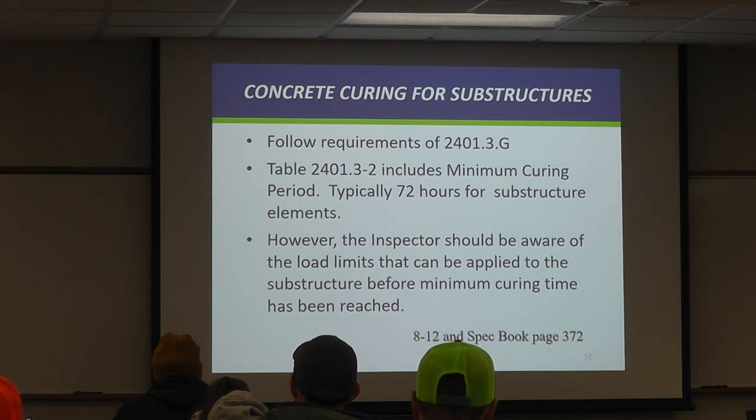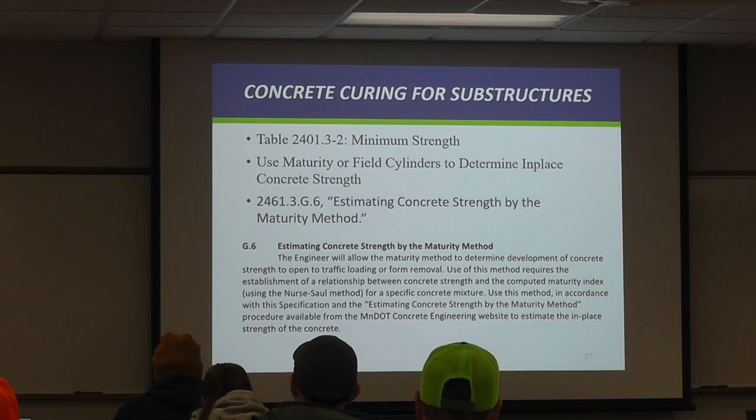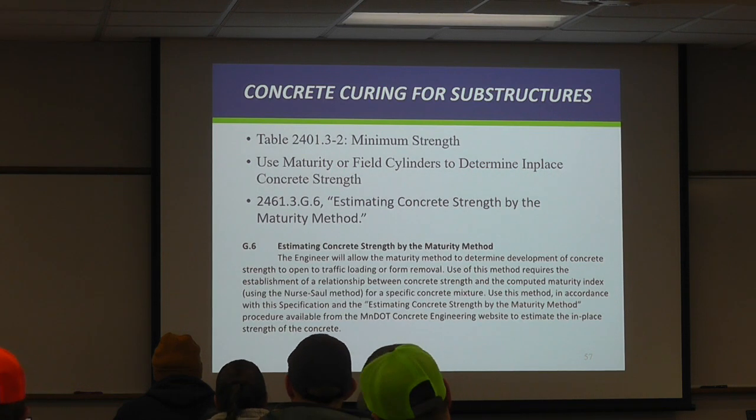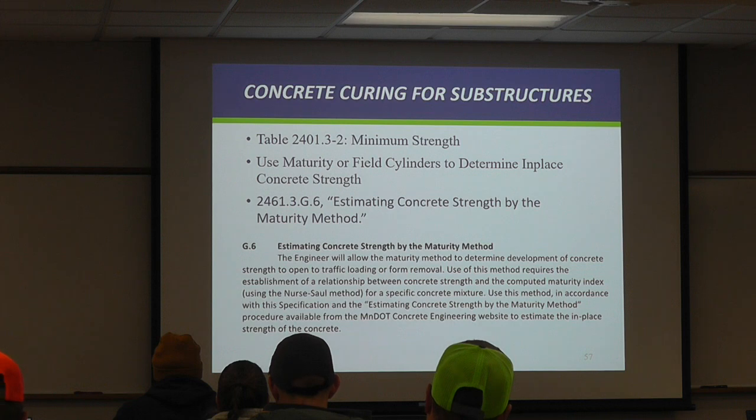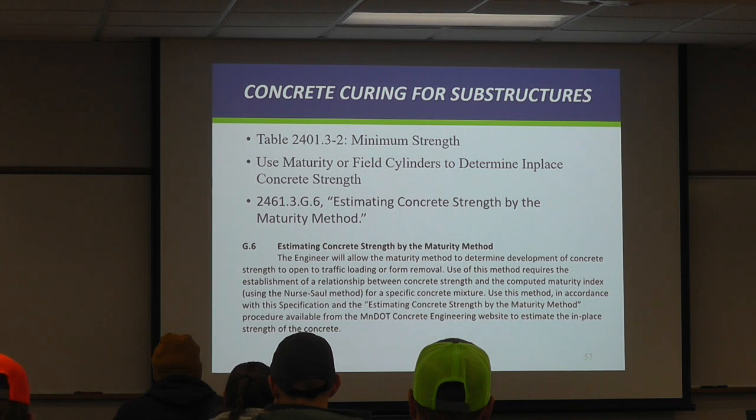So always be looking at the notes and the things that we do. As far as minimum strength, we can use maturity or field cylinders. So the spec book allows both. There's been a bigger push recently for the maturity method.